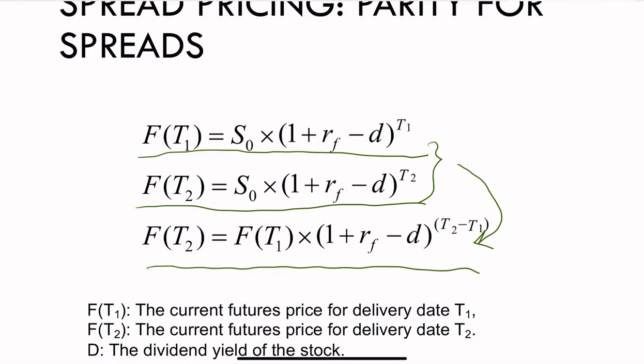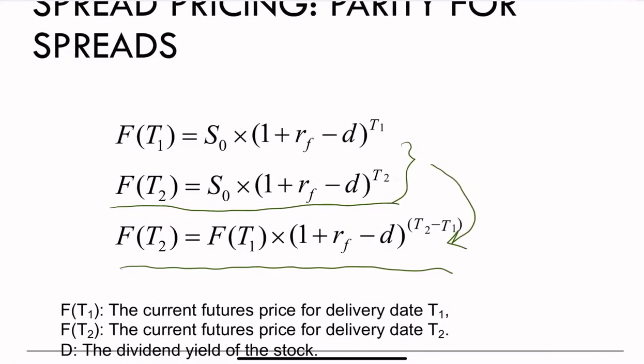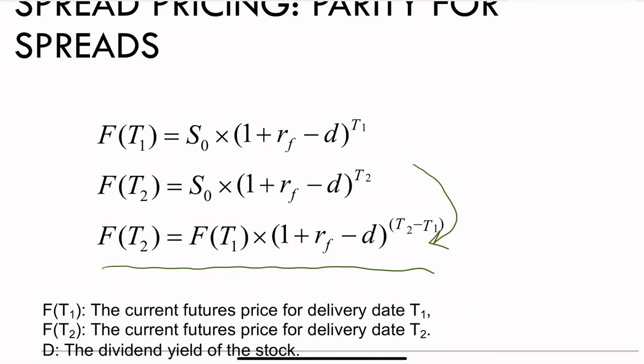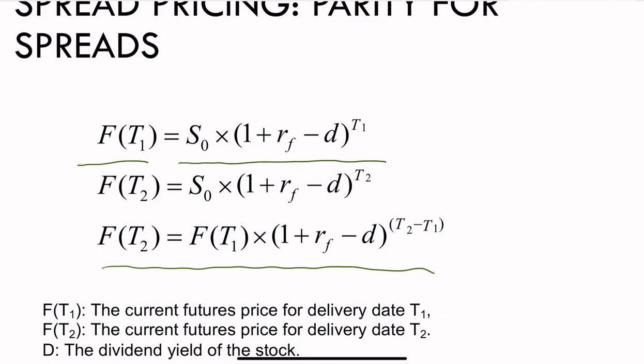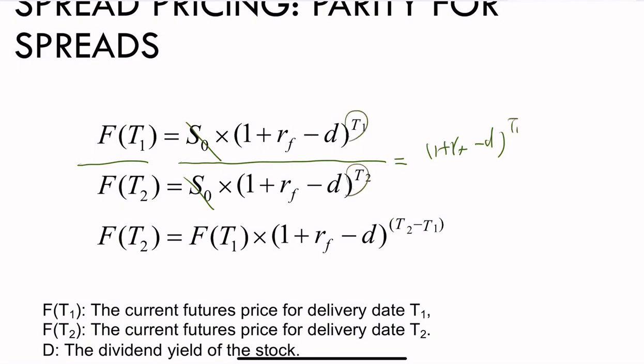What you need to do is divide the first formula by the second. If you divide the first formula by the second formula, you can see that this S0 will cancel out, and then the right hand side would become (1+RF−D) to the power of T1 minus T2. So you will ultimately get this result.